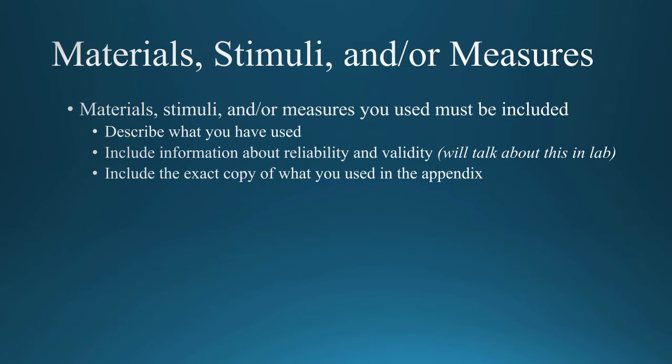And your assignment for this week is about this, so you'll learn about it and then you can include it in here. And then also include the exact 100% copy of the scale that you used or stimuli, measure, whatever. That goes in the appendix that's towards the end of your term paper.